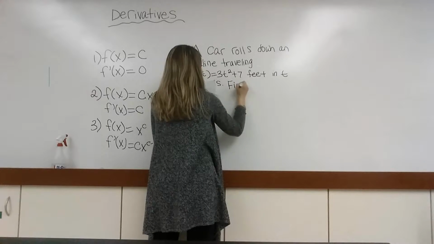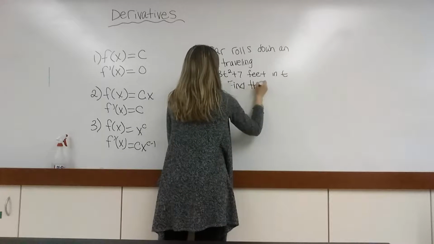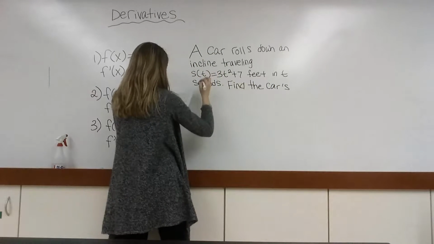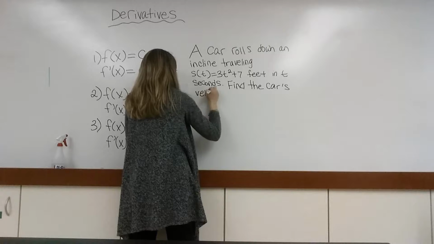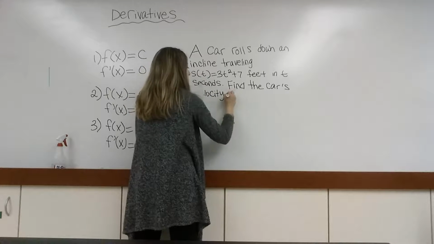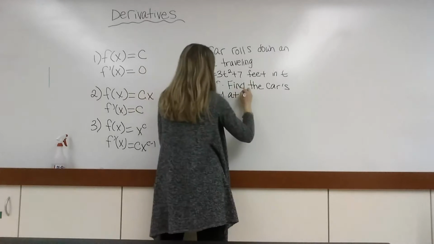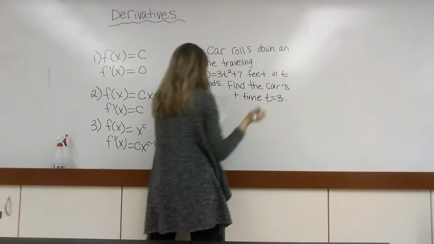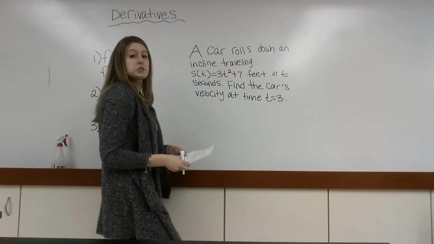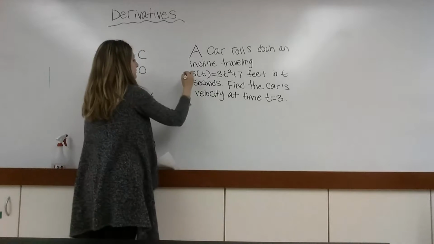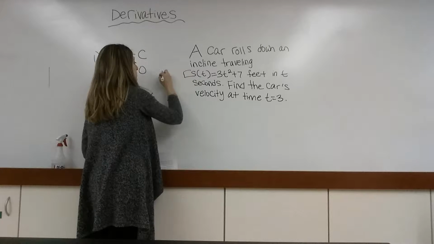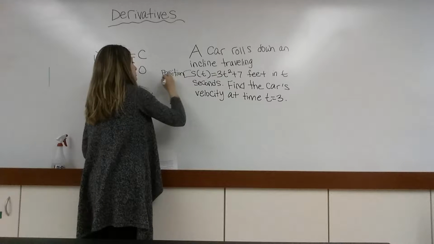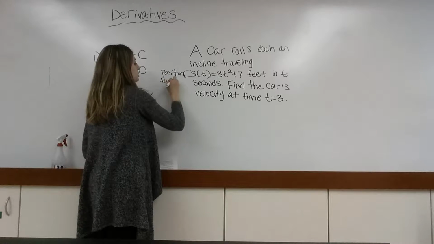Find the car's velocity at time t equals 3. So, this function here is called the position function, and that's basically just our original function.